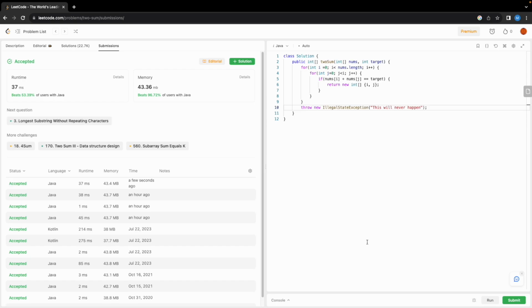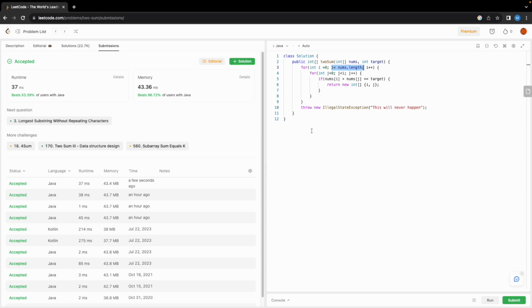Let's see what is the time complexity of this solution. So here what are we doing? We have two loops, one with i, which goes over nums dot length, and another with j, which also in a way goes to nums dot length.